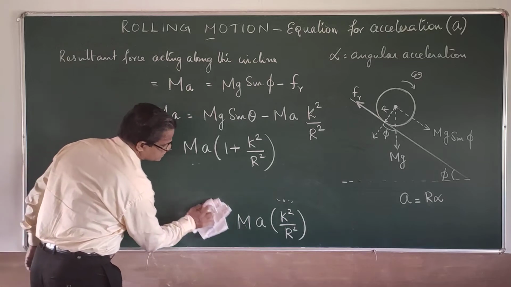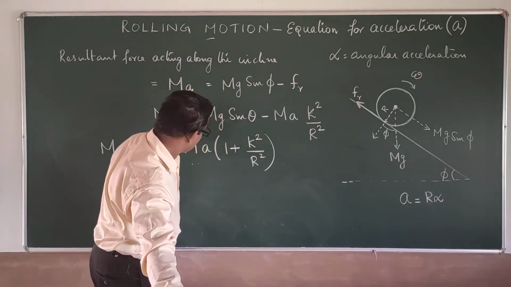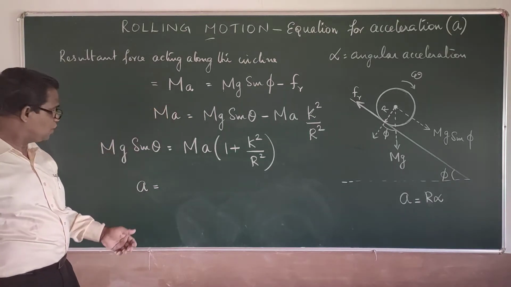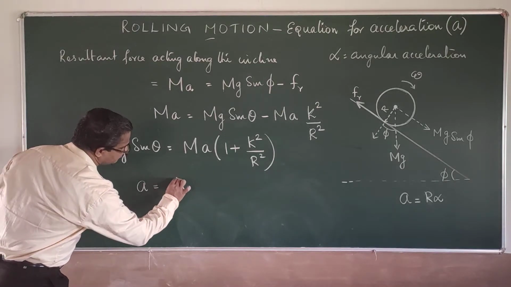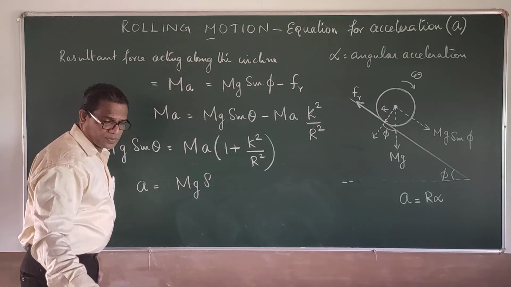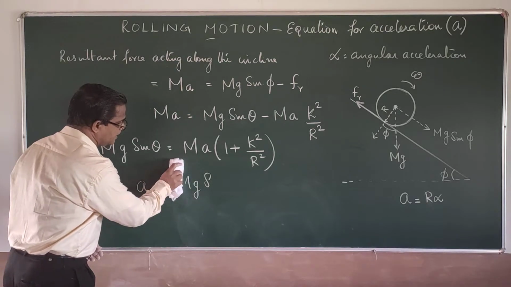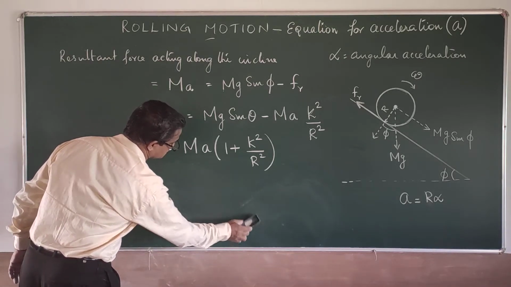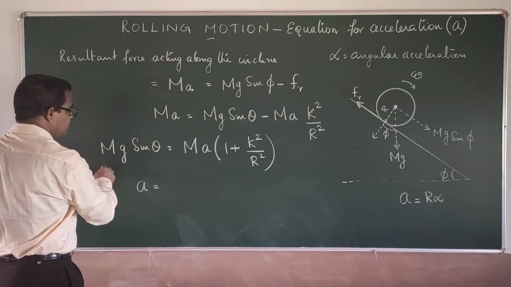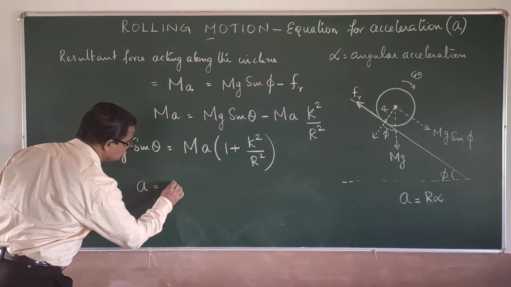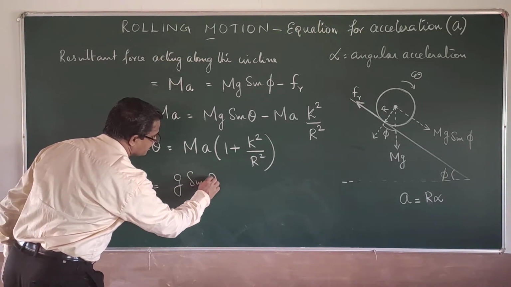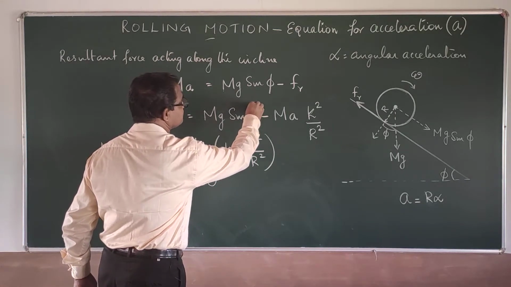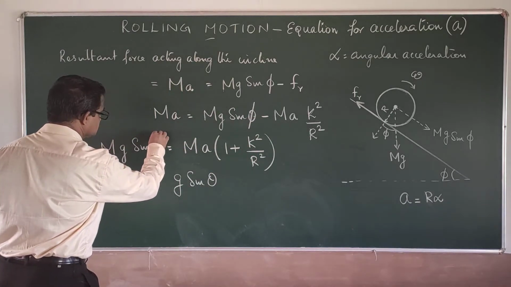And therefore we can find that the linear acceleration a for the rolling body will be equal to, m is not coming there because this m and this m cancel. Therefore a equals g sin theta, sorry, this is not theta, this is phi, and this is also phi.